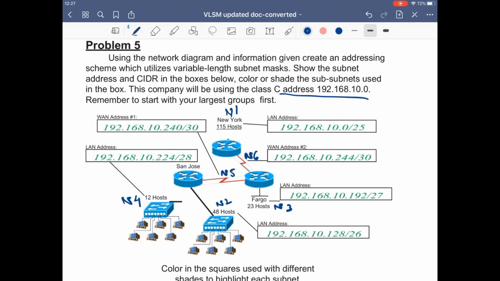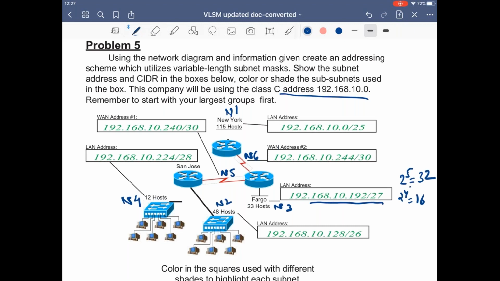Then for network 3 it is 23 hosts. It starts from 192. Here we need 5 host bits. 2 to the power of 5 is 32, which is greater than 23. So the first 3 bits are on: 24 plus 3, 27.